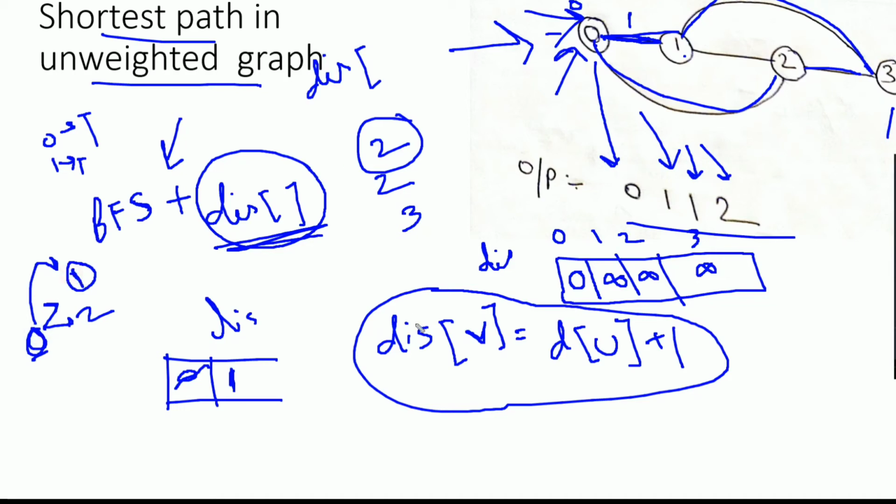If we use this formula, the adjacent vertex is 1, the current vertex is 0, plus 1. This plus 1 is the edge between 0 and 1.